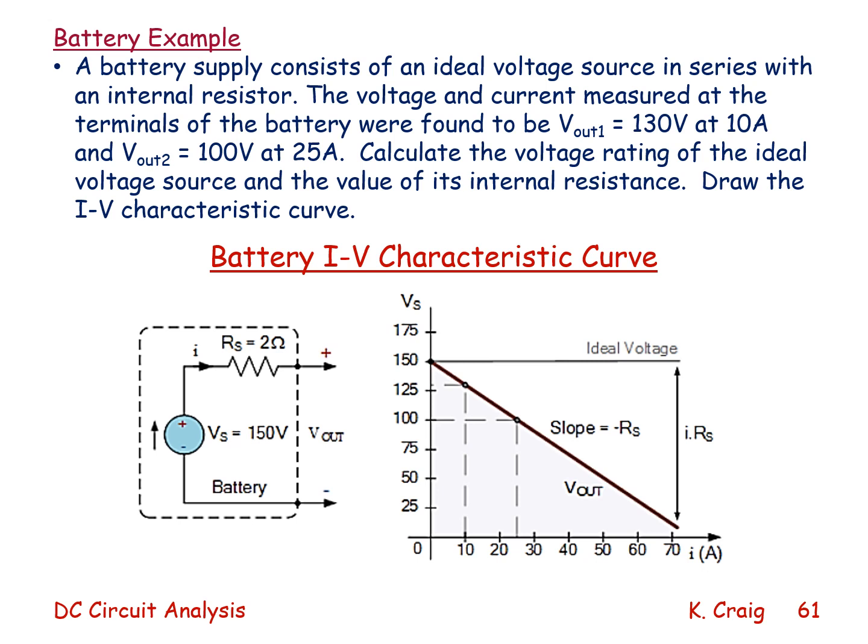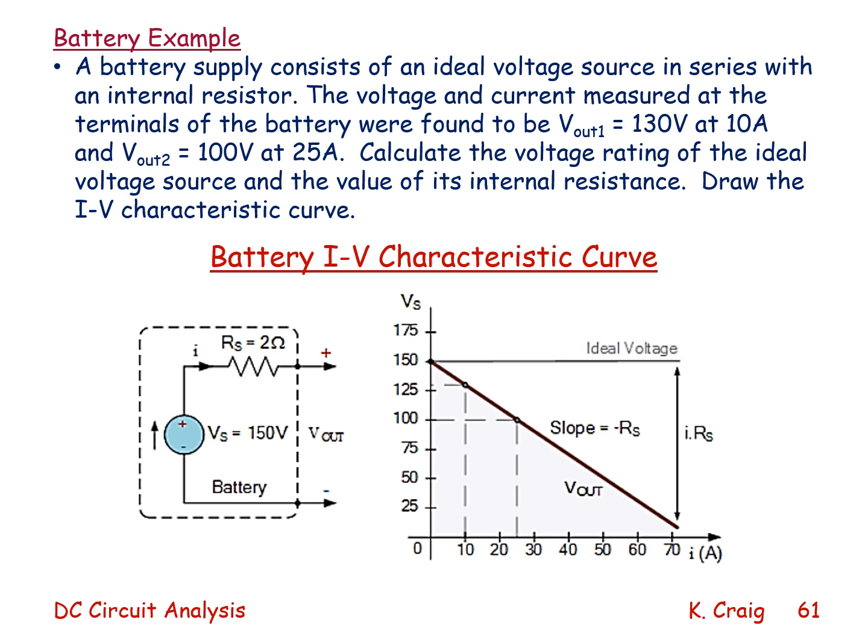The voltage and current measured at the terminals of the battery were found to be Vout1 equals 130 volts at 10 amps, and Vout2 equals 100 volts at 25 amps. And we're asked to calculate the voltage rating of the ideal voltage source and the value of its internal resistance.